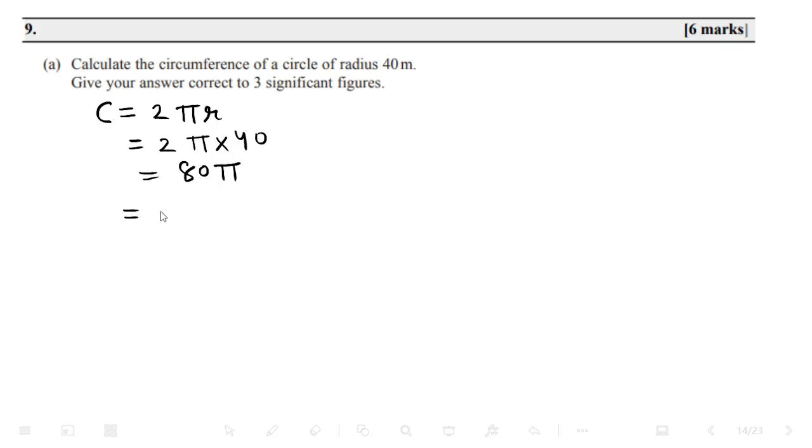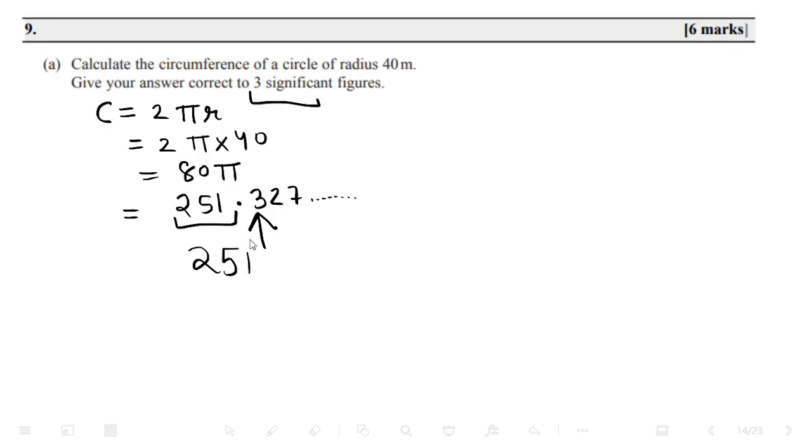After solving this, we will get 251.327 and so on. But they are asking for three significant figures. Three significant figures, 1 2 3, and the next digit is less than 5, so there is no need to add 1 to the next digit. So the final answer is 251 only. Are you getting this point?